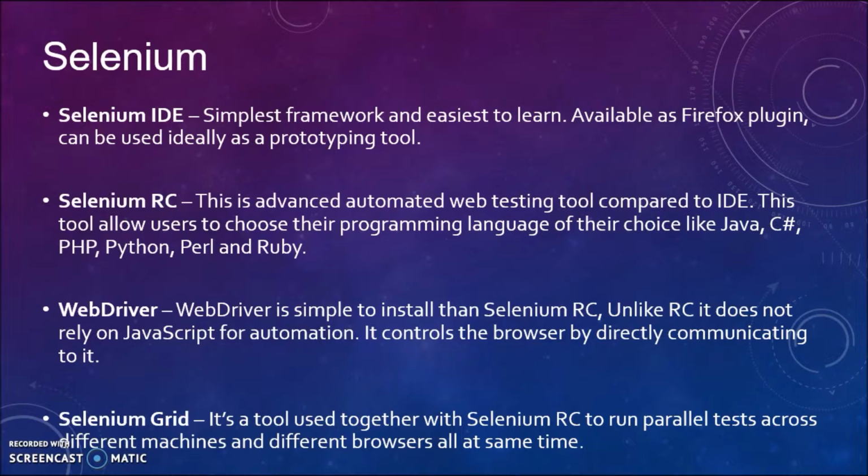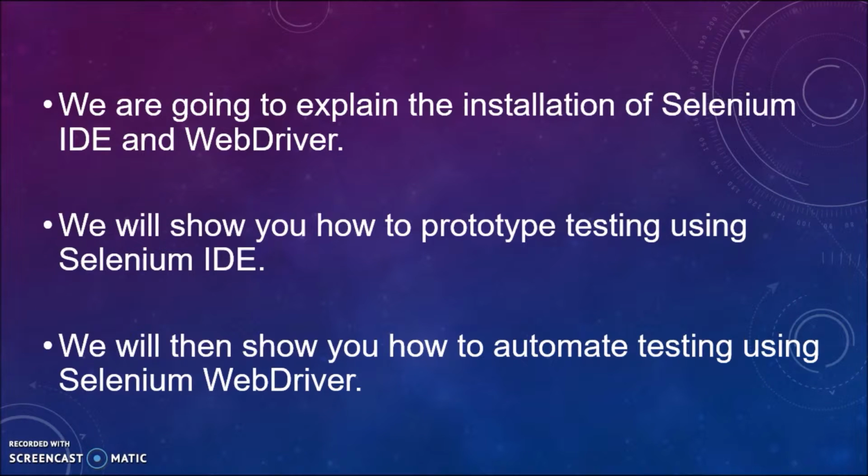Now there is a fourth component called Selenium Grid. It is a tool that is used together with Selenium IDE and Selenium RC to run parallel tests across different machines and different browsers all at the same time. So basically you can test your website from 10 different places all at the same time. What we are going to do is explain the installation of Selenium IDE and WebDriver.